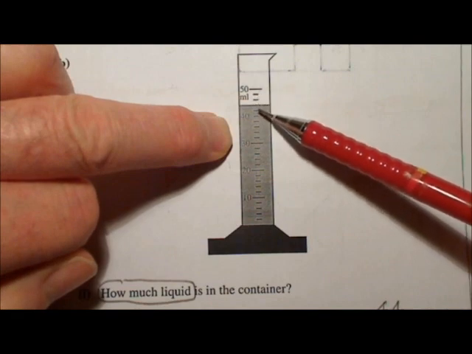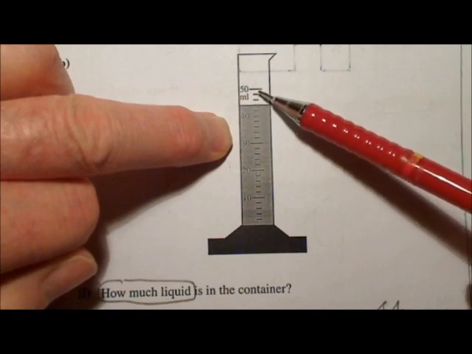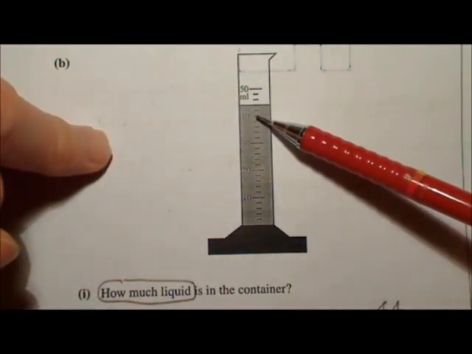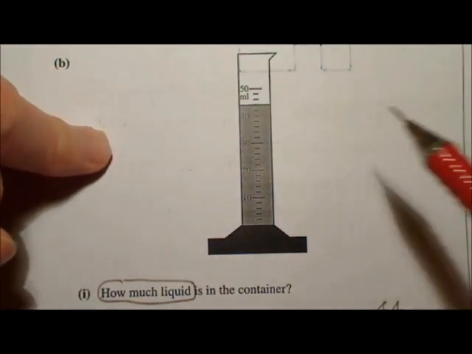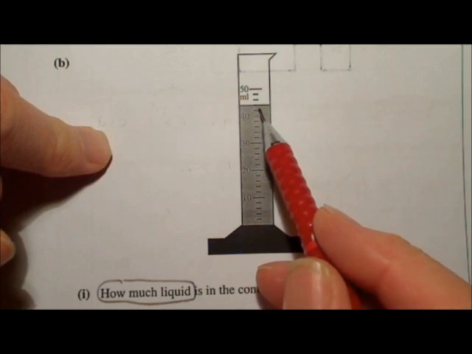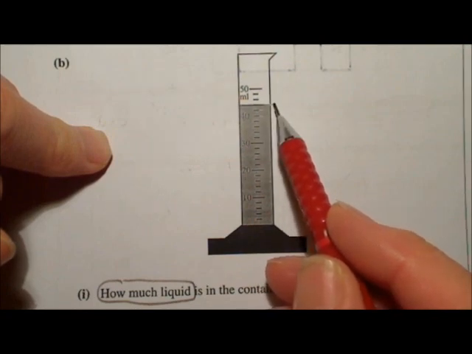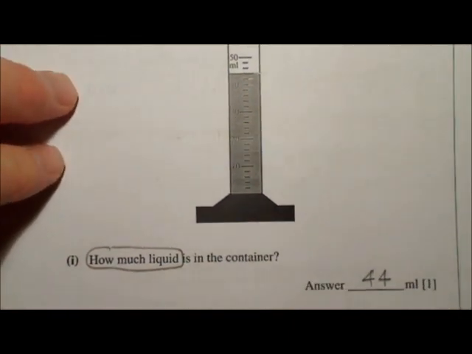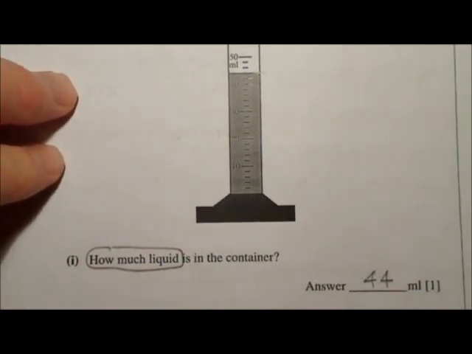So this time there's 5 divisions between 40 and 50. So each little division is going to be worth 2. So we're going from 40, next one is 42, and then this level here is 44. So the answer for that one is 44 milliliters.